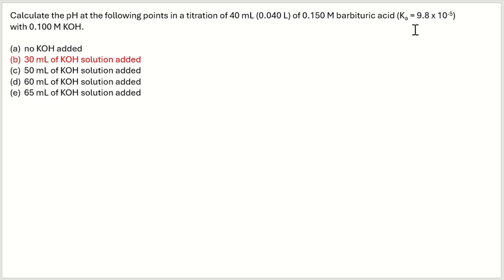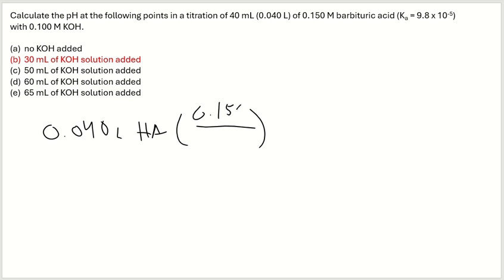So the first thing we need to do in these steps is take the liters, 0.04 liters of our HA, and multiply it by the concentration, 0.150 moles over 1 liter, which gives us the moles of HA.